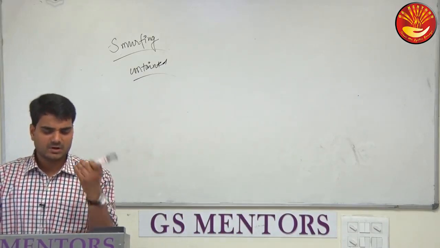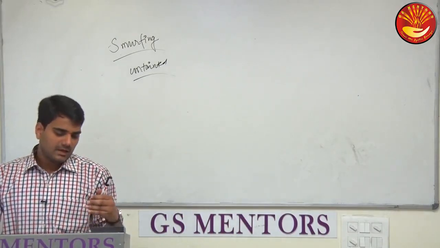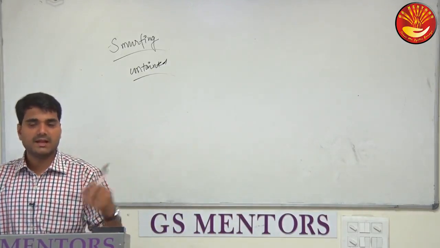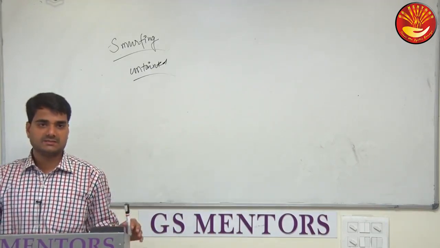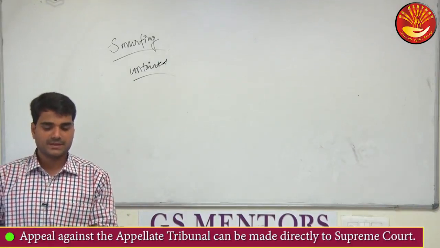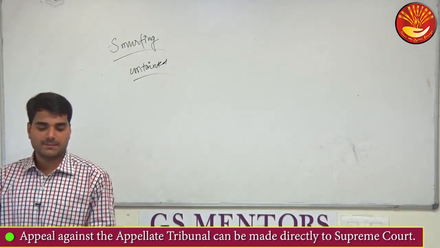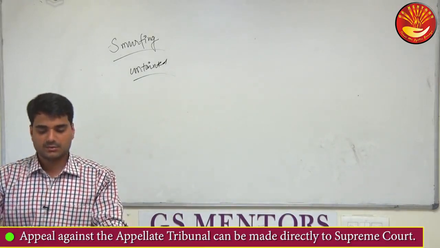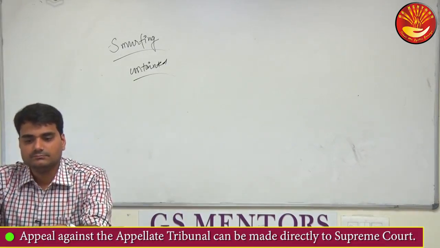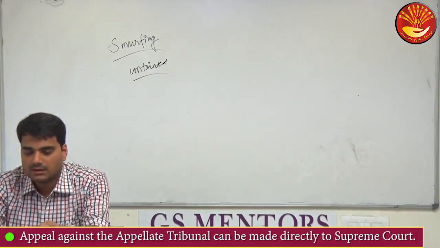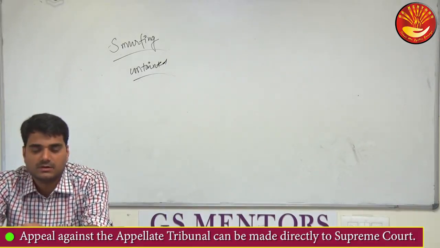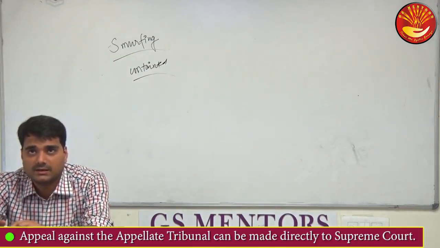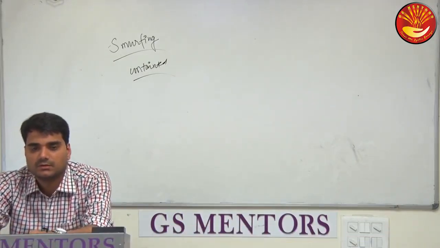Other than that, there are small amendments, like now an appeal against the appellate tribunal can be made directly to the Supreme Court. Earlier it had to be made to the High Court.